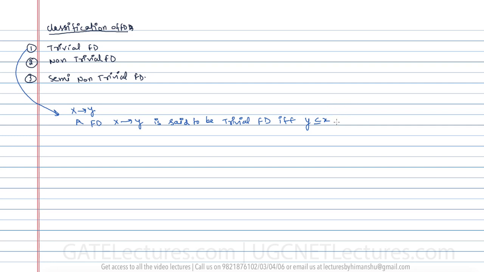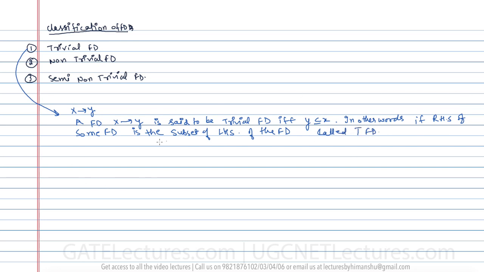Or you can say in other words, if the right hand side of some functional dependency is a subset of the left hand side of the functional dependency, then it is called a trivial functional dependency.